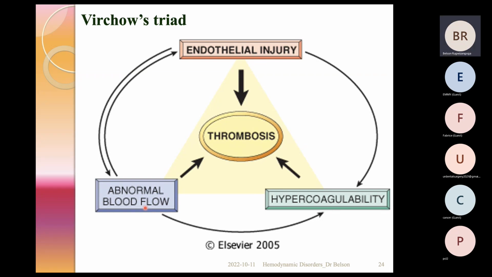There are many causes, and I have sent you this presentation, and there is a link to practical images. There you will see a table in that link. When you open it, there is a table of the possible causes of hypercoagulability. There are many things.